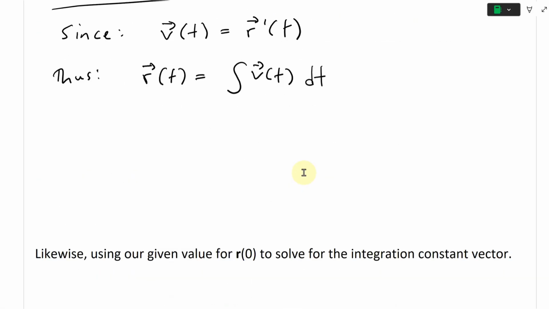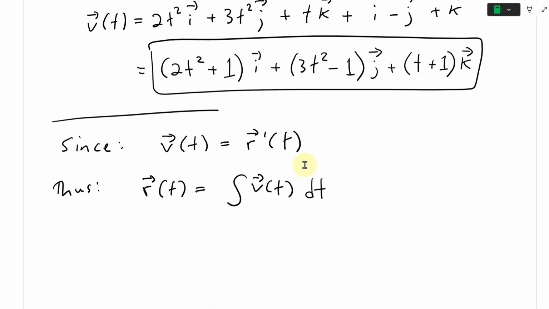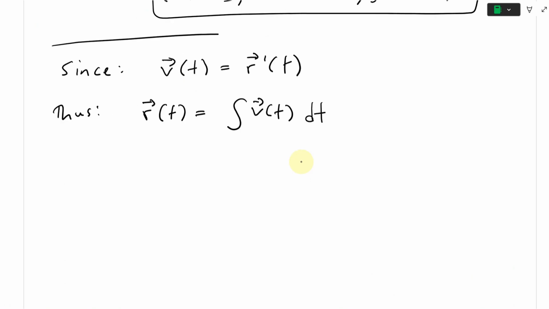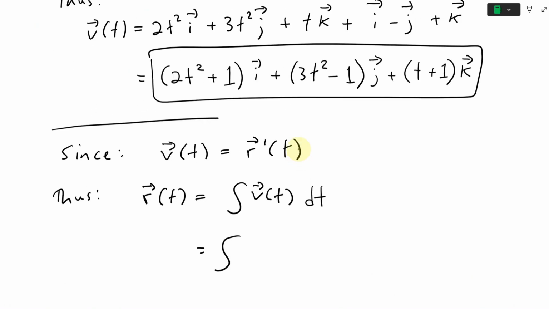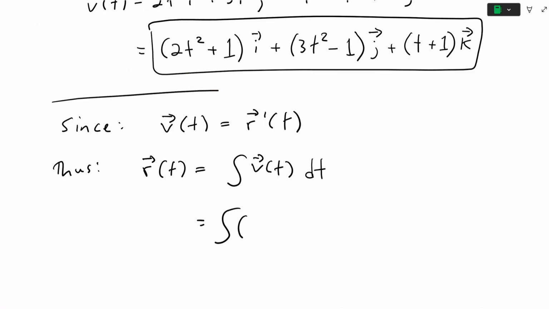All right, so again, just leave it like that. Now this is going to equal the integral of this whole setup. I'll put a square bracket.